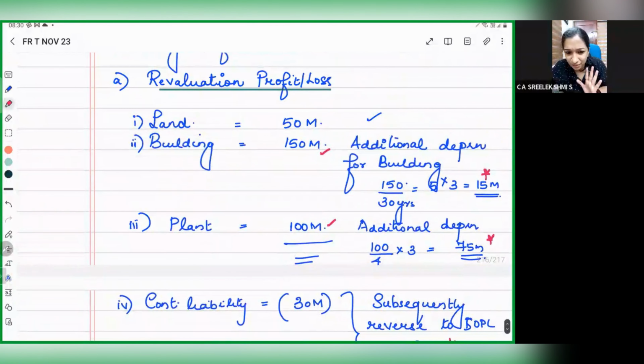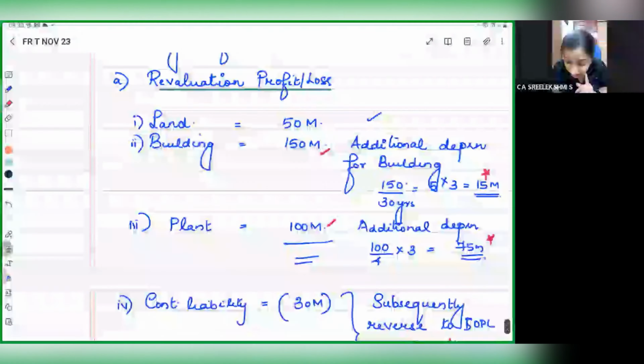Land, nothing. But here on the building, 15 million depreciation has been charged. Now, if you compare, there are no 150 million profits. 15 million depreciation has been charged. Means what? Book depreciation has come, but no tax deduction has been given. Books have additional depreciation, for which we have not received tax deduction. 75 million depreciation was there in the books out of revaluation.